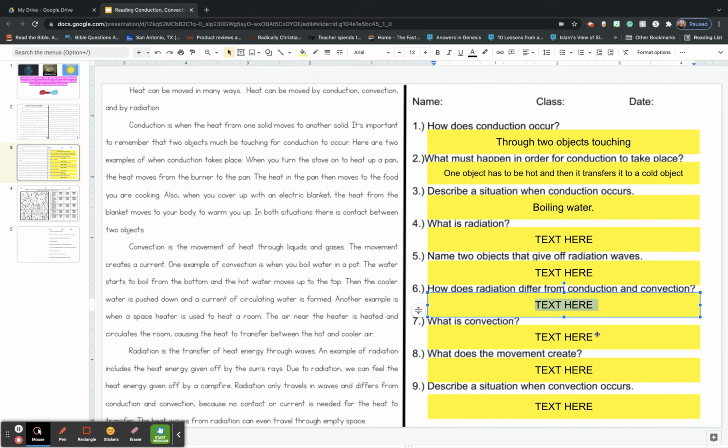But with radiation, it's just traveling through empty space. Okay, it's not touching anything. So I would say nothing is touching. Nothing is touching with radiation.